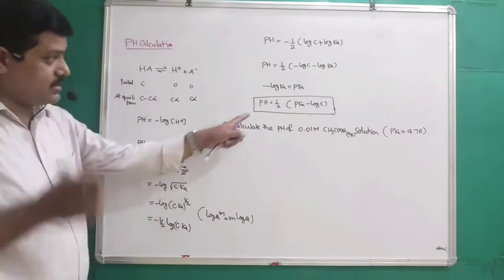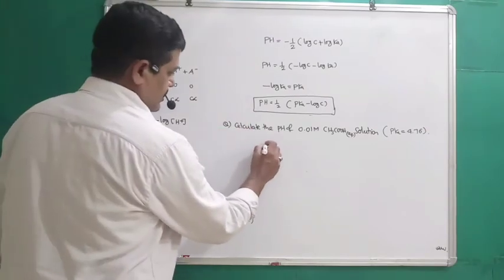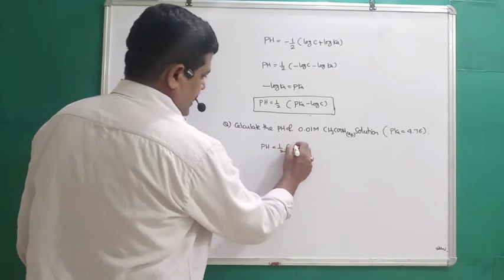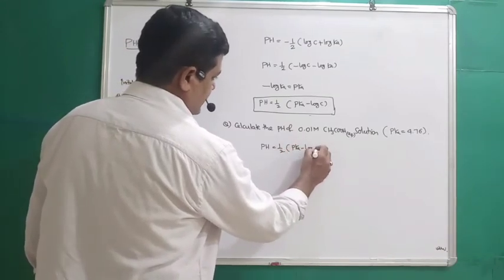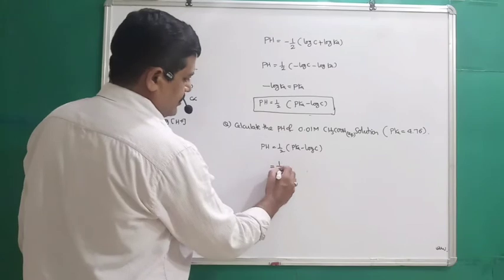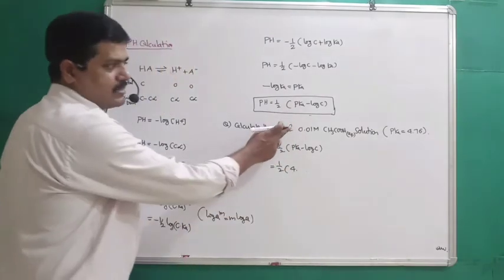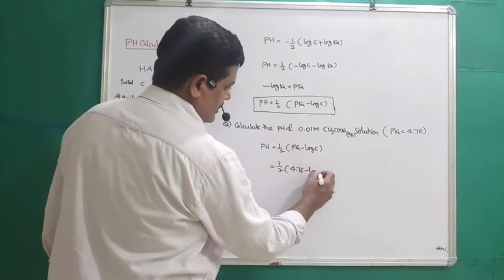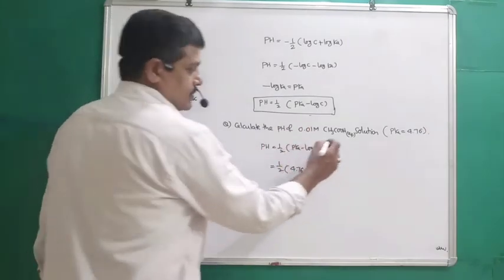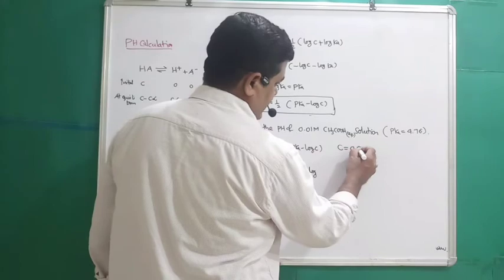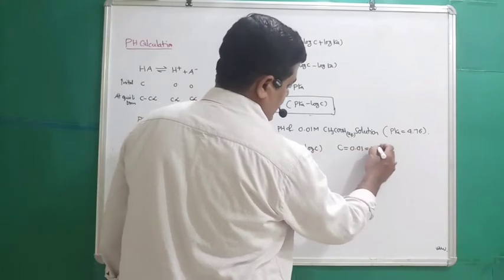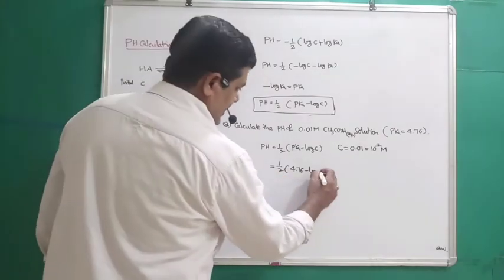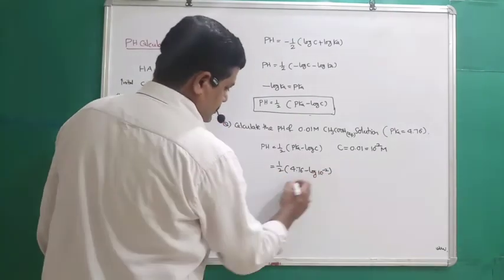Students, we can use the same formula. pH is equal to 1 by 2 into pKa minus log C, right? Which is half into pKa, 4.76, as given, minus log of concentration, C is equal to 0.01, which can be written as 10 power minus 2 molar, right? Minus log 10 power minus 2.